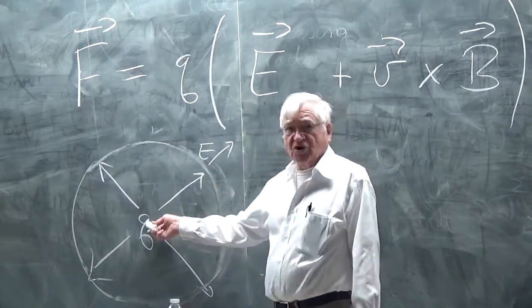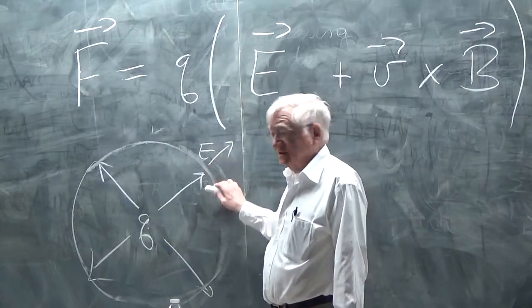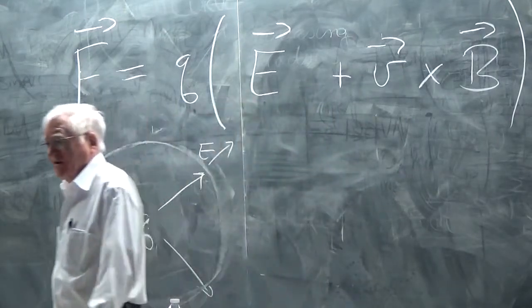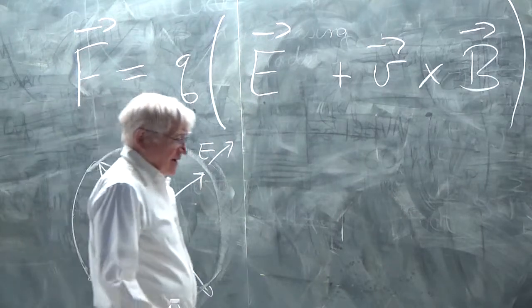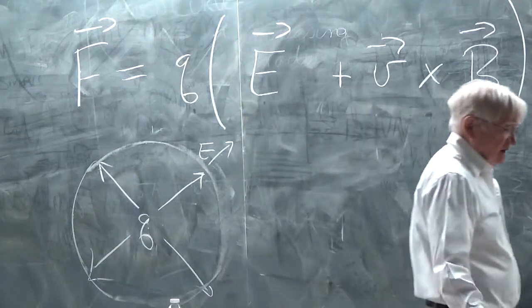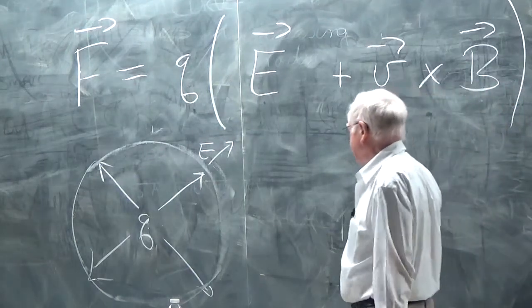On the other hand, if the charge is negative, the electric field is going to be pointing in, and the electric field times the area would be negative and proportional to the charge inside.